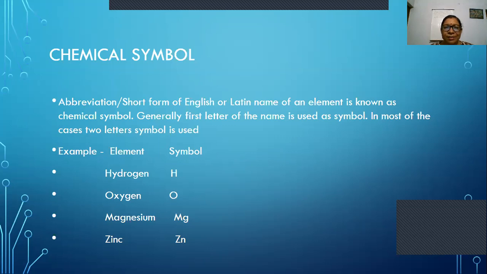So two-letter symbols are used. Here are some examples: hydrogen, its symbol is H, oxygen, O, magnesium, Mg, zinc, Zn.